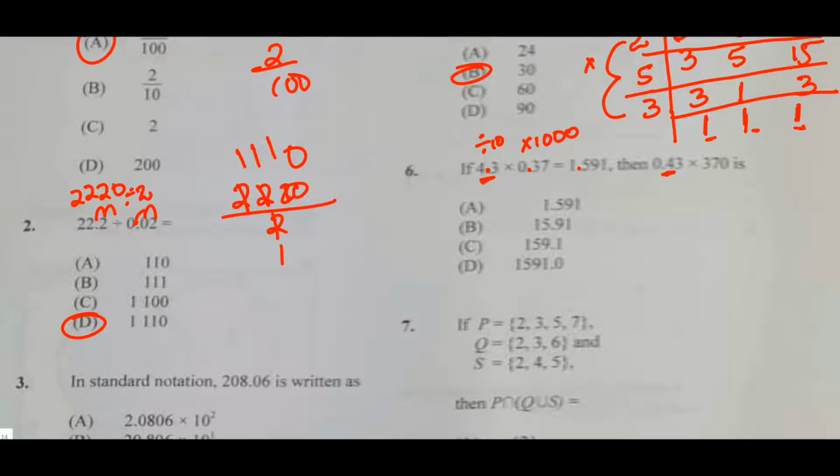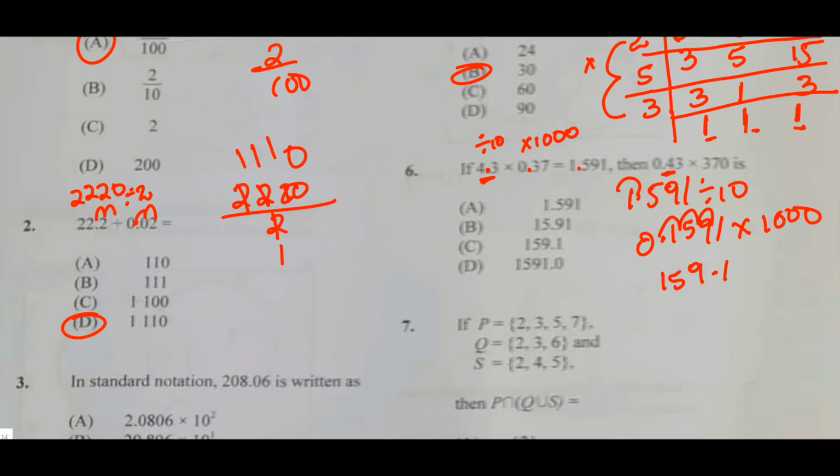So if we divide it by 10, we get 0.1591, and let's multiply it by 1000. Now we get 159.1. So our answer would be C.